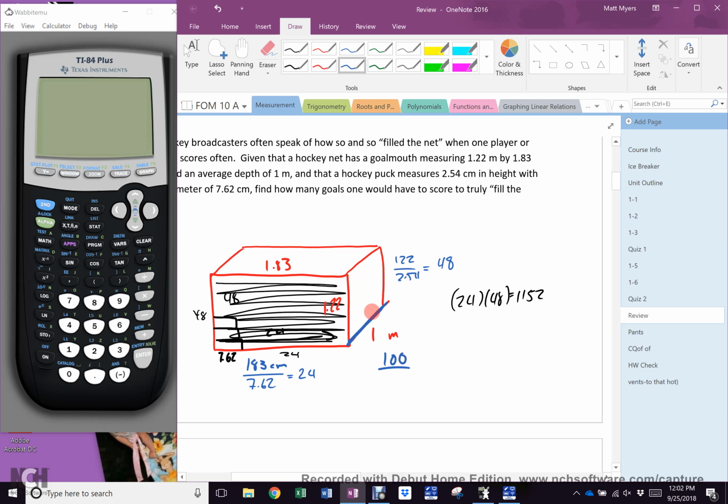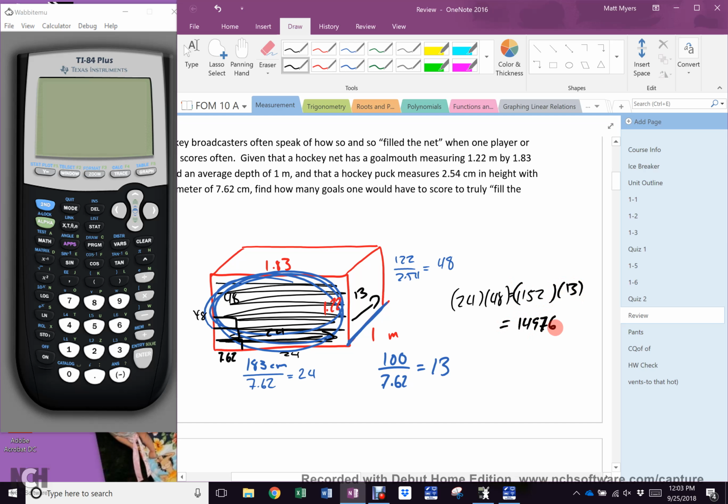How wide's a puck? 7.62. To give you how many pucks will fit back here? 13. So my base is 1152, and I can fit that rectangle 13 times going backwards to get 14,976.